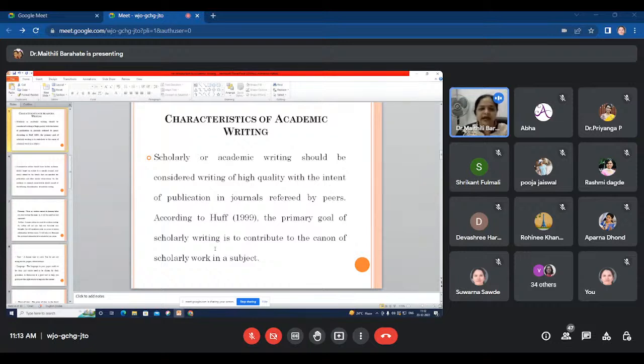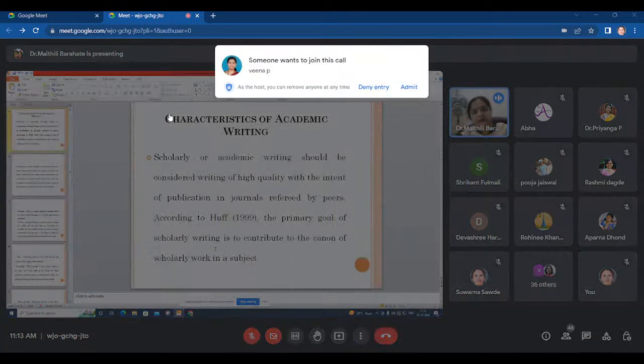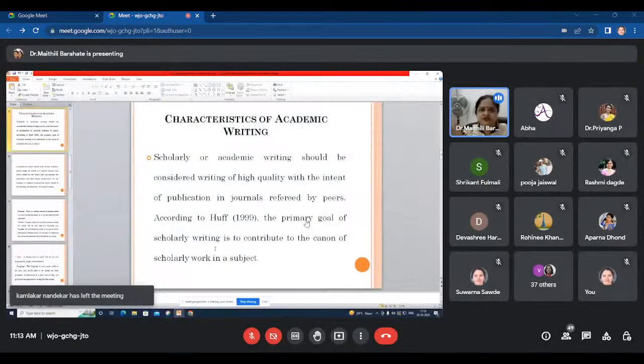Now, scholarly or academic writing should be of high quality. That is what is expected. And it doesn't mean that you go for ornamental language or more sophisticated language. This high quality can be maintained even by using simple words.